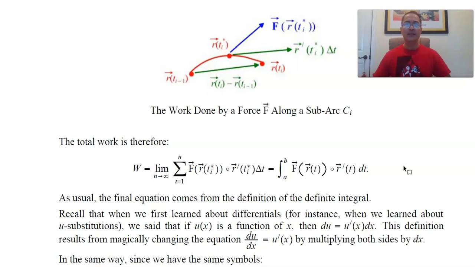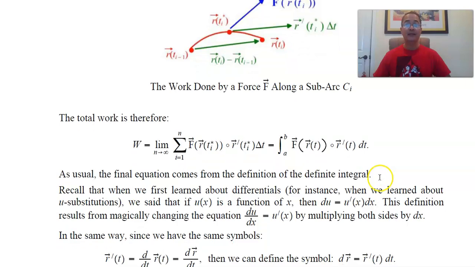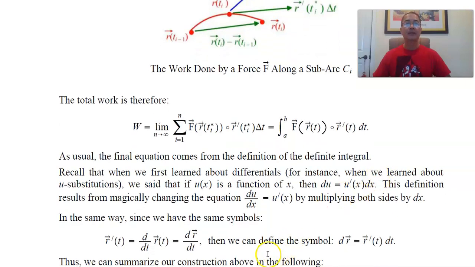Now at the beginning of the video, you saw the symbol F dot dr. Where does dr come from? Obviously, it comes from this. We will think of r prime, which is dr by dt, and we are going to isolate dr, sounds familiar, by multiplying across by dt. Solving for dr, it looks like it's r prime of t dt.